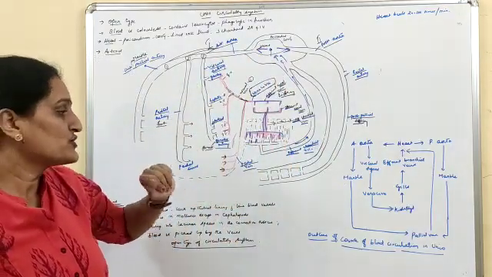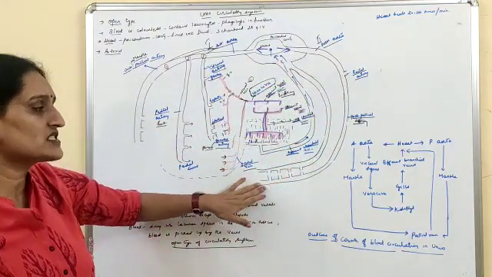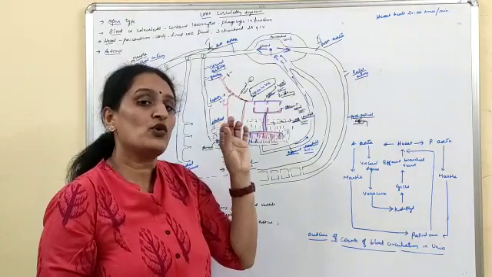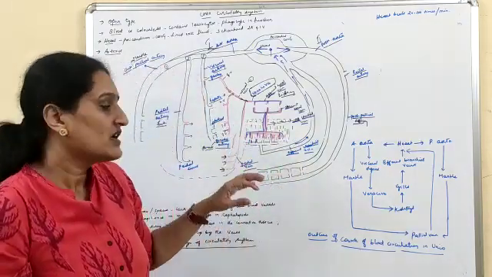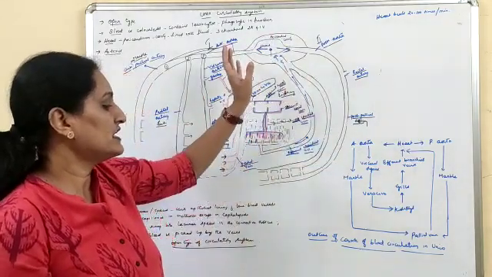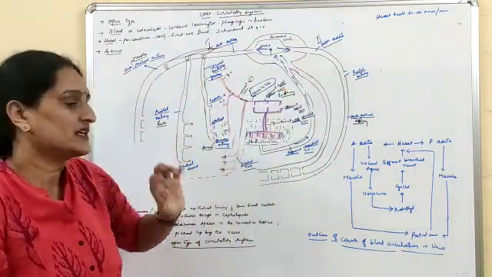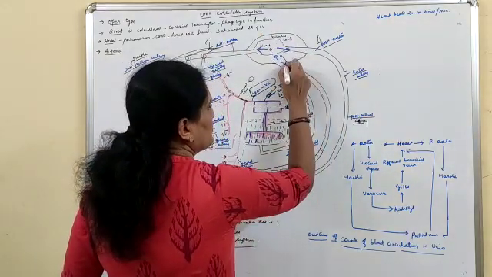And there's one more point to mention here. When these pallial arteries supply blood to the mantle, a portion of the blood also gets oxygenated in the mantle, and that blood is also directly poured through this pallial vein into the heart. Here if you see, this blood vessel is directly connecting to the heart.